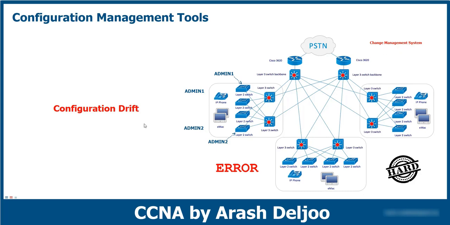For example, assume that in this company we have a ticketing system, and this ticketing system has some engineers, and when we receive one ticket, the engineer doesn't log into the switch. The engineer can verify the change management system documentation for the latest update, for the latest running config, but here in the change management system we don't have the latest configuration, the latest update.